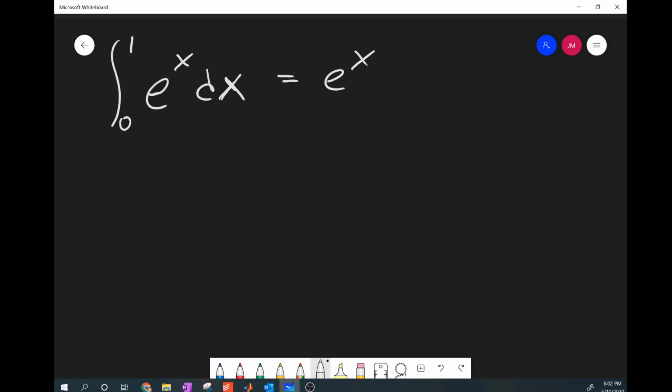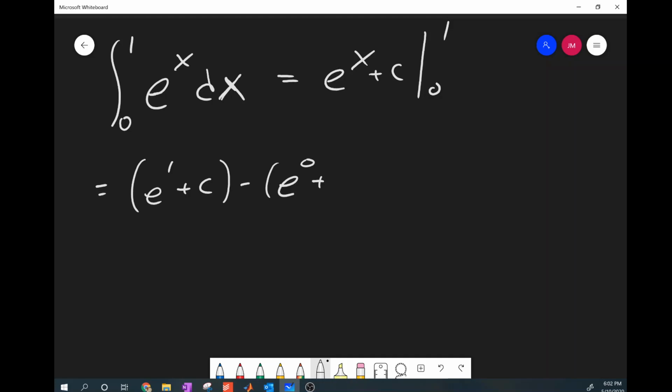The derivative of x is 1, plus c, and then we want to run that from 1 to 0. So that's going to be e to the 1 plus c minus e to the 0 plus c. Again, our plus c's cancel. I'm left with e to the 1 minus e to the 0.